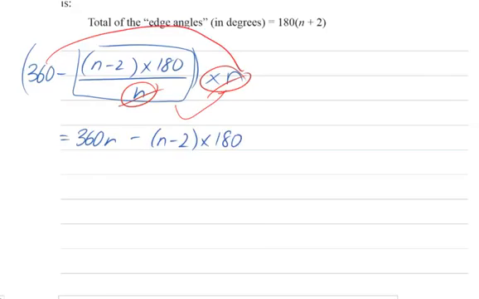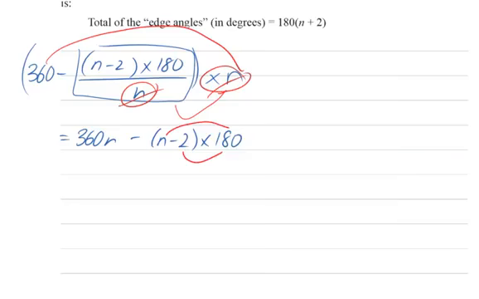So when we're trying to simplify and we've got different terms together and we've got brackets in there, what do we usually do? I've got this expression, it has brackets in it. What do you usually do? Expand. So I've got n times 180 and negative 2 times 180.